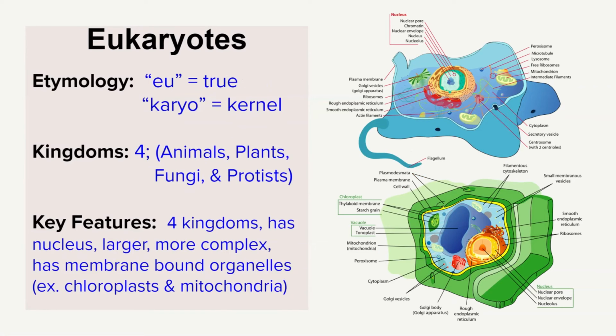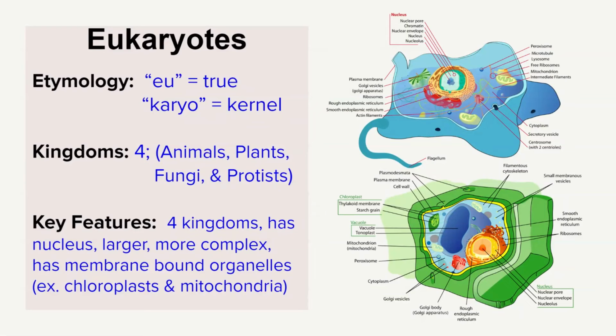Now with eukaryotes, look at just how much more things are in these cells. They're so complex. They have so many moving parts and organelles to fill it up. Now let's talk about the etymology. Eukaryote meaning true. That sort of mainly comes from the fact that our cells as humans are eukaryotic cells.